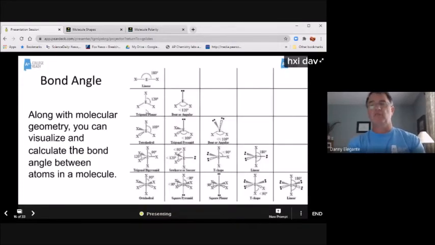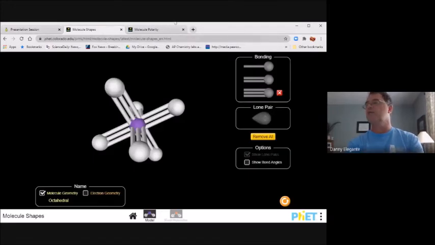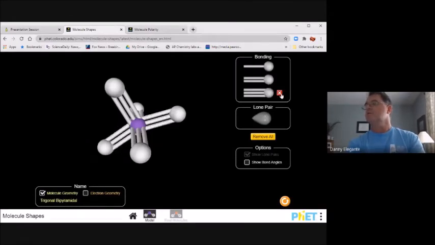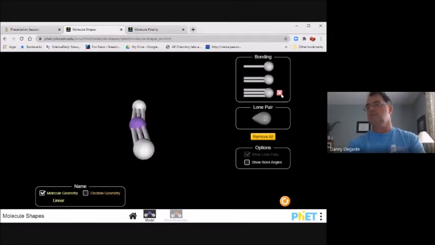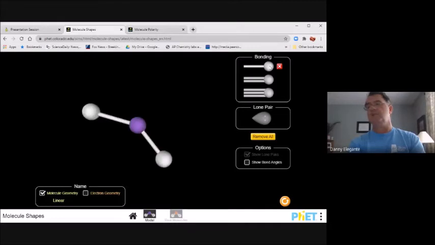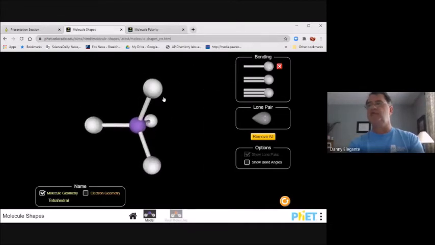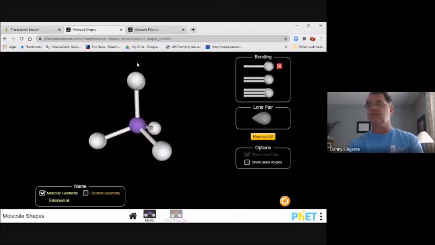I mentioned before that not only polarity, but we can also talk about bond angles. So let me show you a bond angle of something. This is a molecule called methane, CH4. So let's see what the shape here is. The shape is something called tetrahedral, meaning it's got four sides.